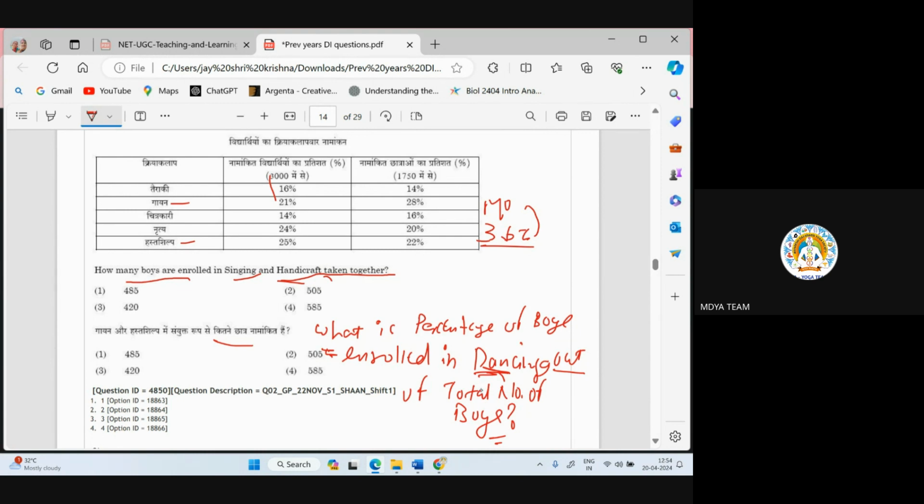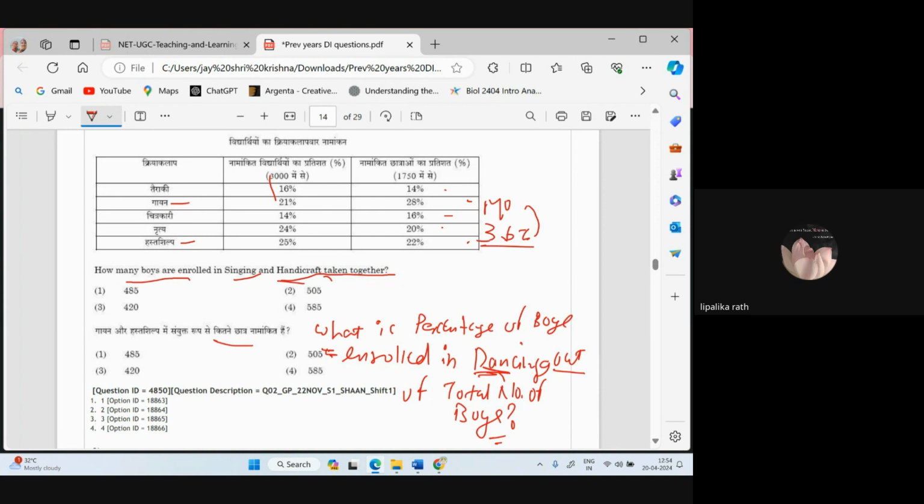Two you already calculated, for singing and handicraft. You just have to calculate for swimming, painting and dancing. So take 3 minutes and try to solve this.